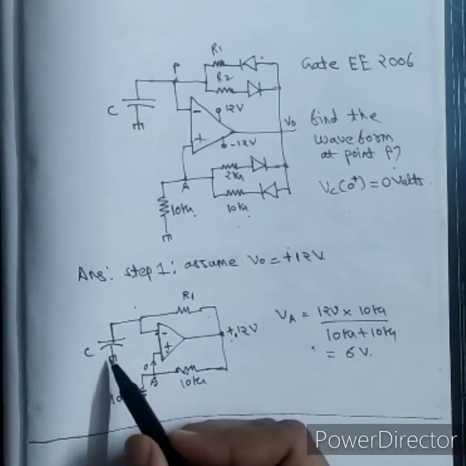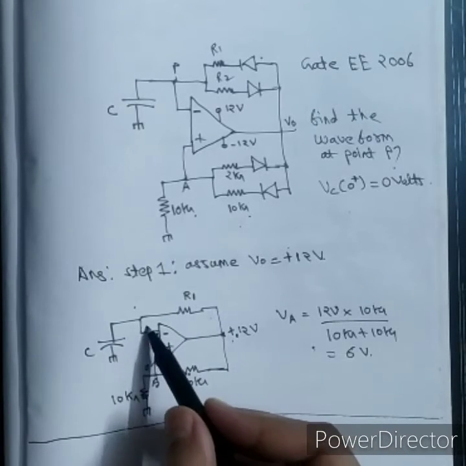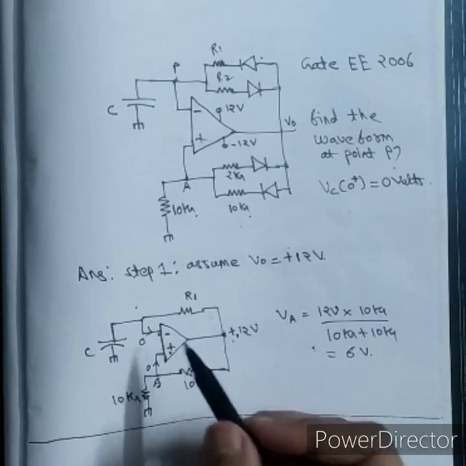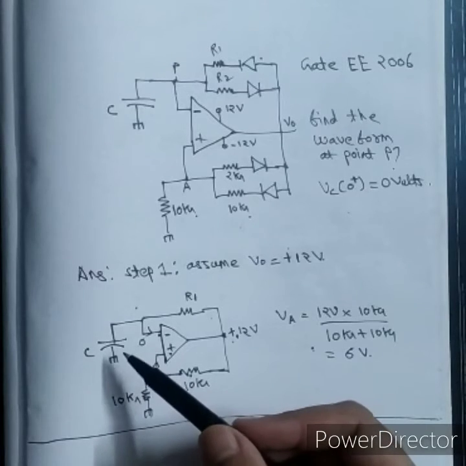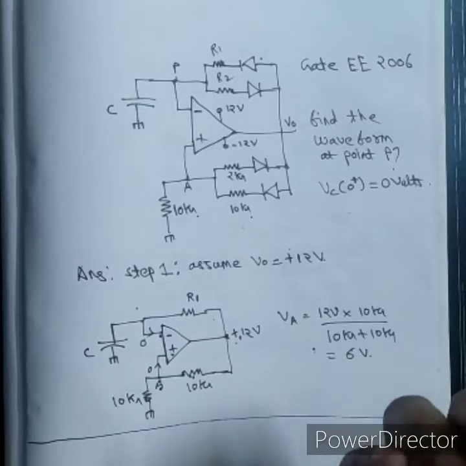There is a path for the capacitor to get charged, so a current will flow like this. Here current is 0, but a current will flow like this and the capacitor will get charged. It will start charging from 0 to a certain voltage.